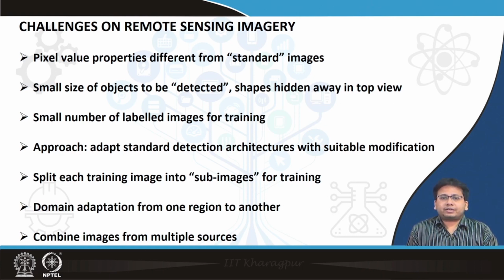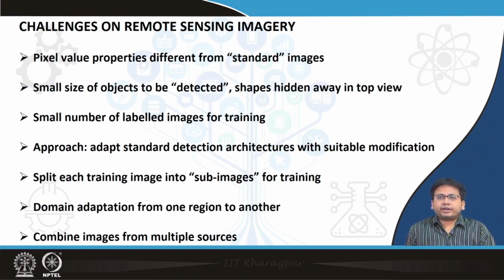The reason for doing that is that the satellite image may have certain properties which the radar image may not have, or the hyperspectral image may have certain properties which the multispectral image may not have, and vice versa. If we do the detection separately on the different images, in the images from one source or technology the object may be easier to detect, and in the other it may not be so easy. So what we do is something like fusion.